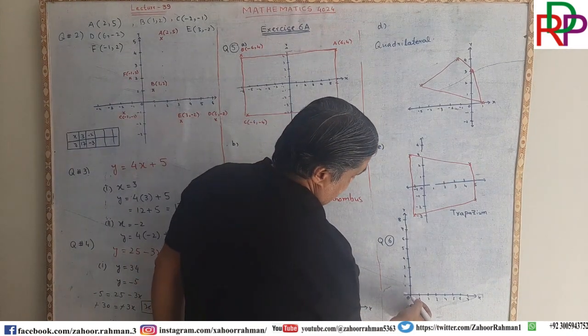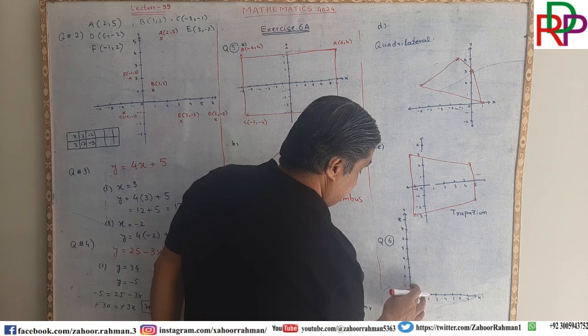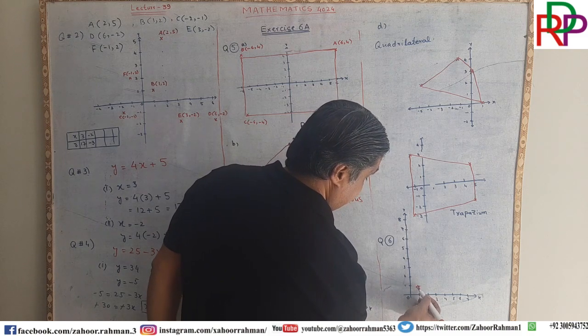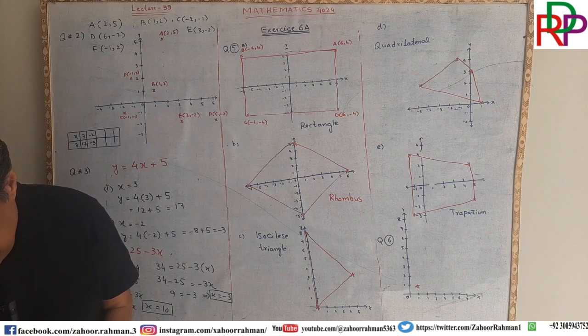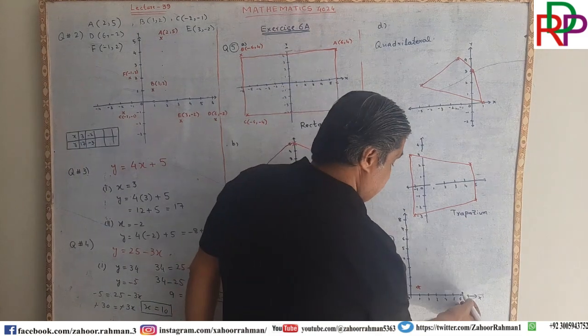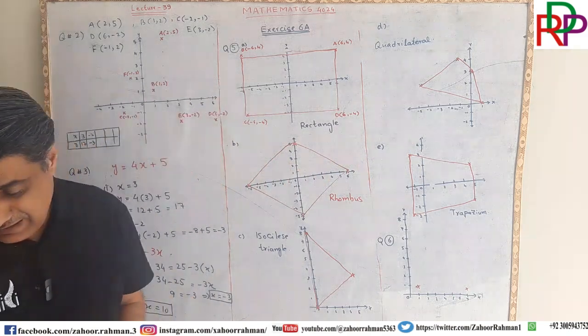So this is 1 and 0. First point is this one. And this B part is 7, 0. So it is 7 and 0. It will be somewhere here.